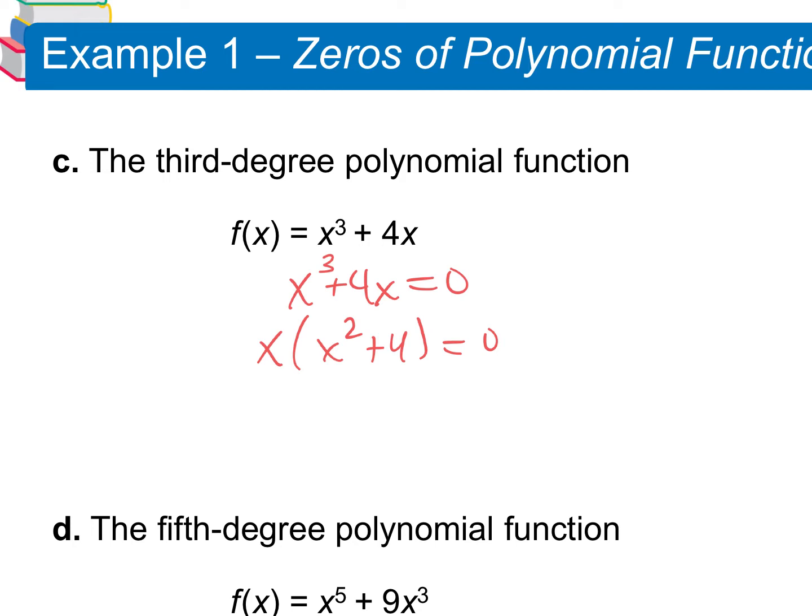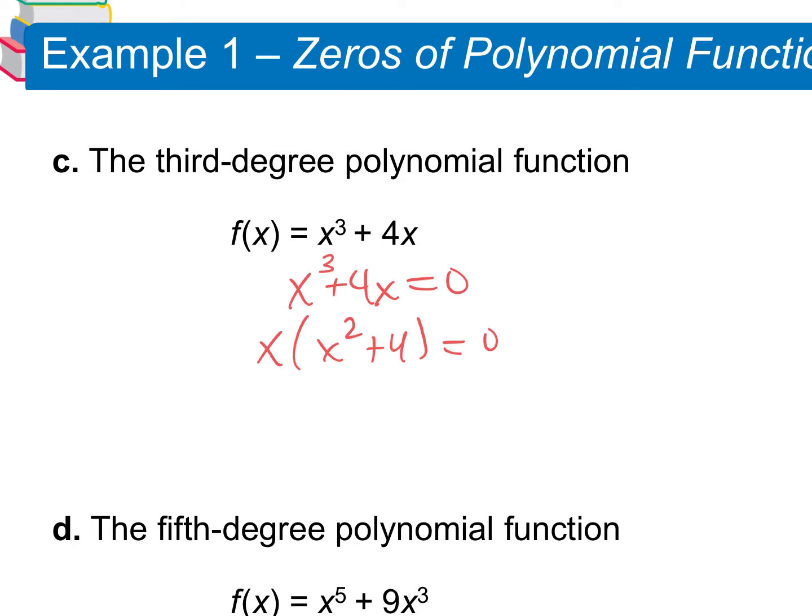I should have how many? 3. What can you tell me about one of them? And what can you tell me about the other 2? 1 is real. And 2 are what? Imaginary. How do I know by looking at this that 2 of them are imaginary? Because when I move the 4 over to solve, if you have x squared plus a number, that means you're going to have imaginary solutions.